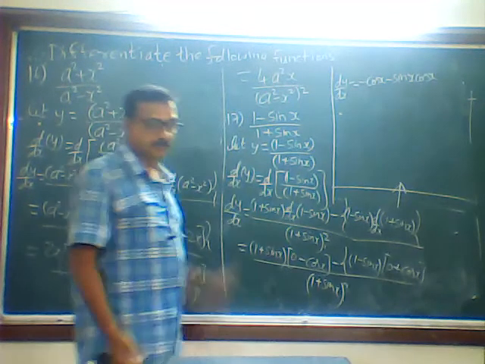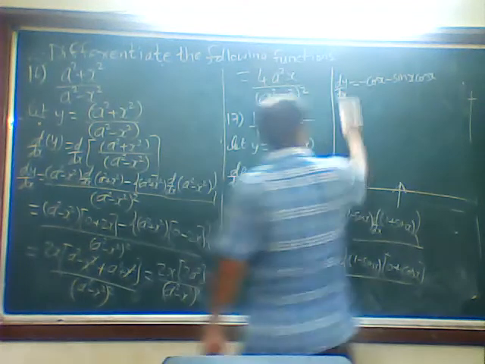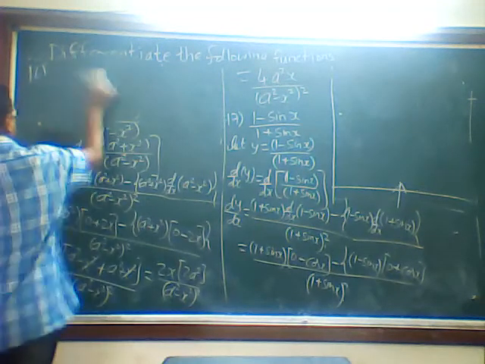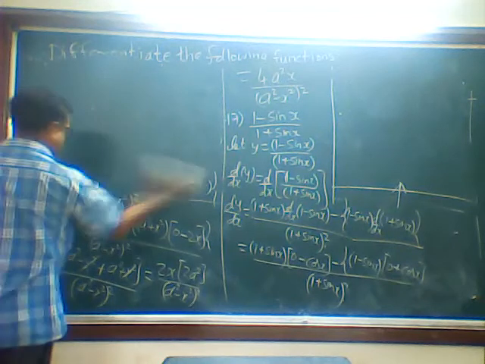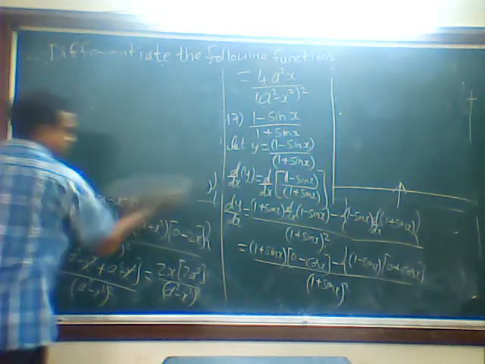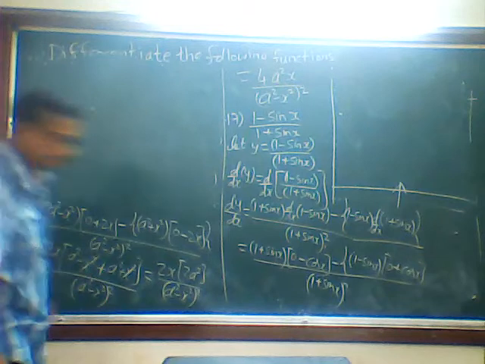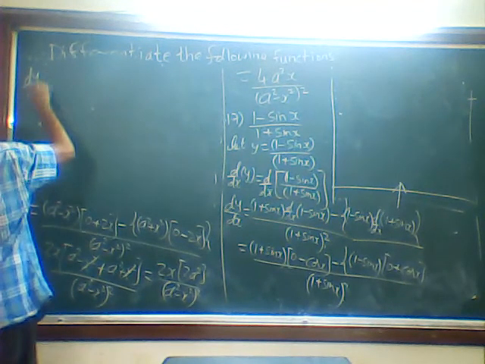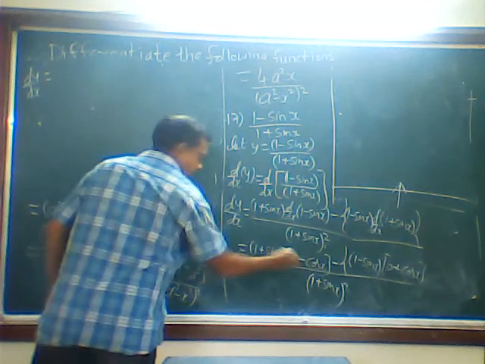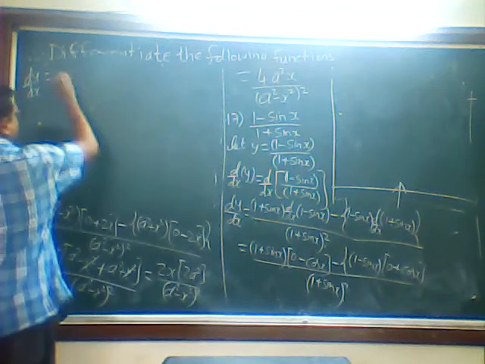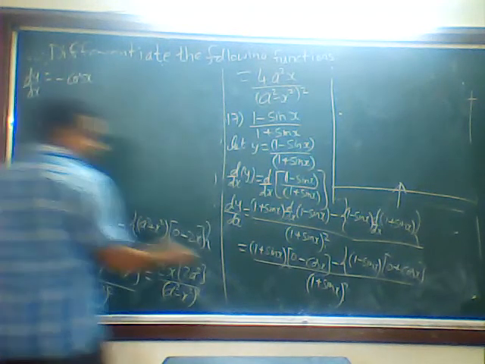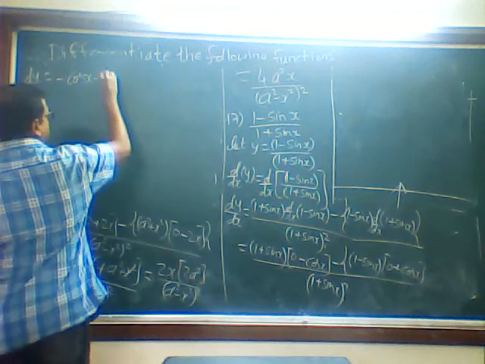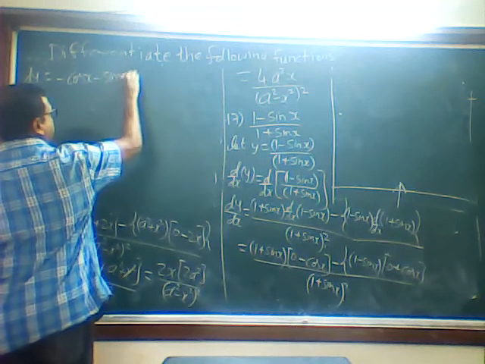Better I will do it that side because the denominator I must be able to write. Here 1 into 0 is 0, 1 into minus cos x is minus cos x. Then sin x into 0 is 0, plus sin x into minus cos x is minus sin x cos x.